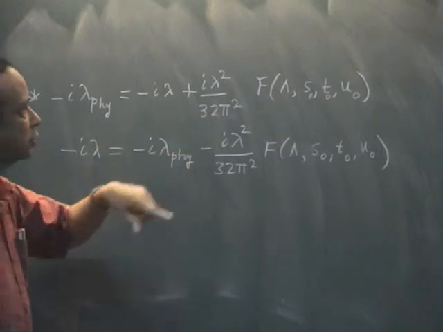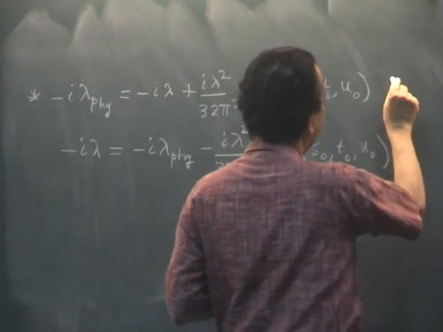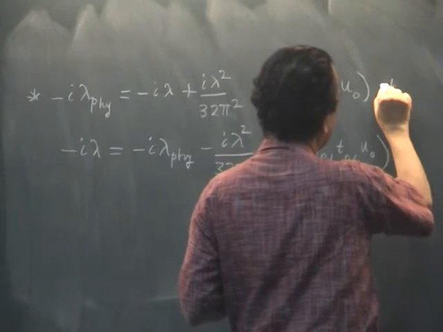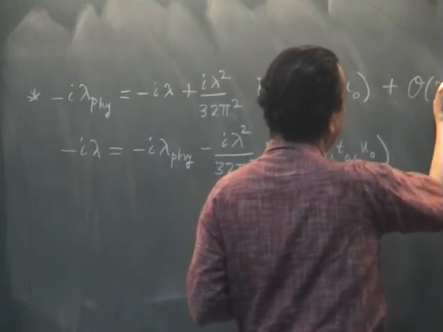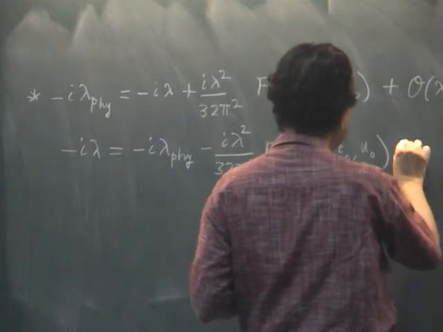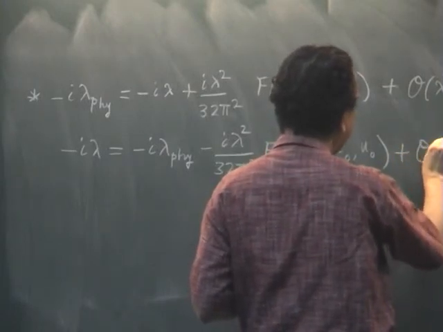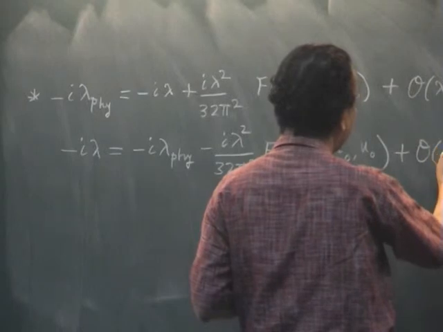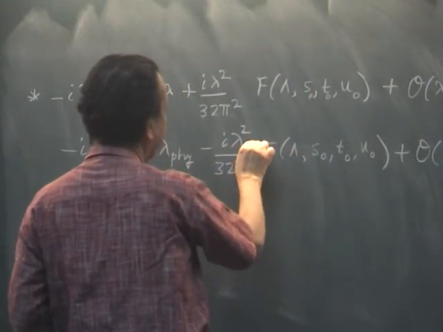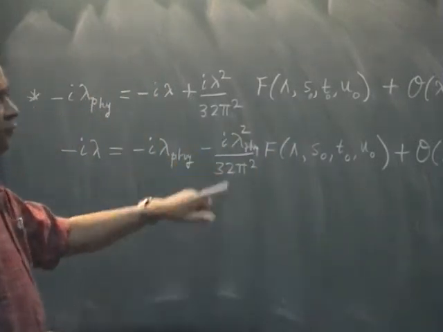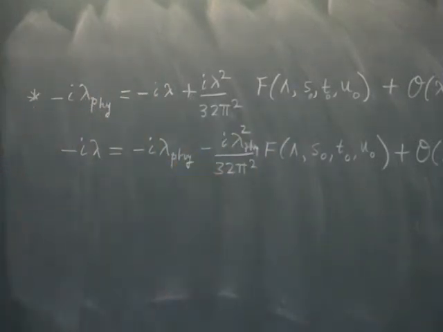Now this is all to order lambda cubed, or actually for lambda cubed there is no contribution, but it doesn't matter. So to the same order, you can replace this by lambda physical. It's just the iterative way of solving for this. Okay. So you have got this. Now let us write down what that amplitude is.